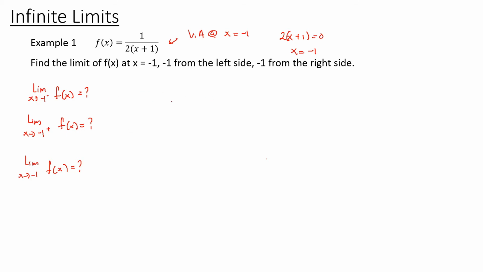So for the limit as x approaches negative 1 from the left side, we're going to observe values going towards negative 1 from the left side. So I chose negative 3 and negative 2. In f of negative 3, you're going to get negative 1/4. And for f of negative 2, you're going to get negative 1/2.